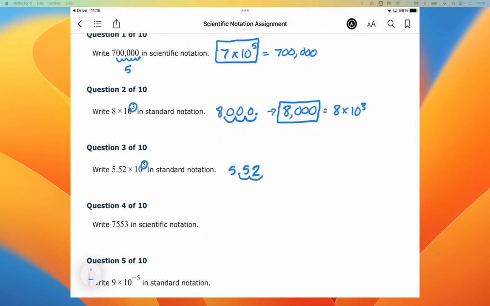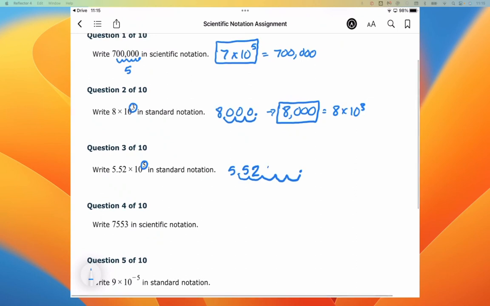So 1, 2, 3, 4, 5. Our decimal ends up right there. We fill the empty slots with zeros. And so that number ends up being 552,000. And as we discussed with number 1 and number 2, that is the exact same thing as what we started with, 5.52 times 10 to the 5th.